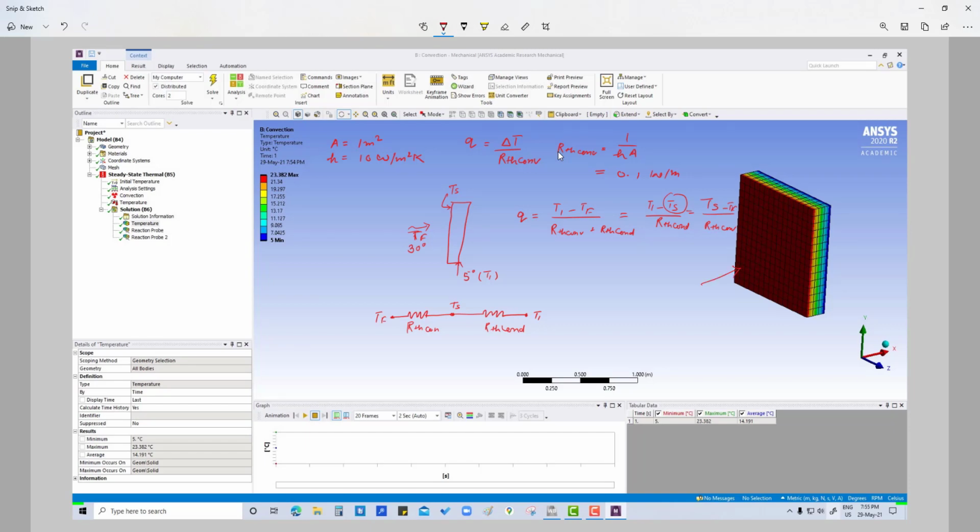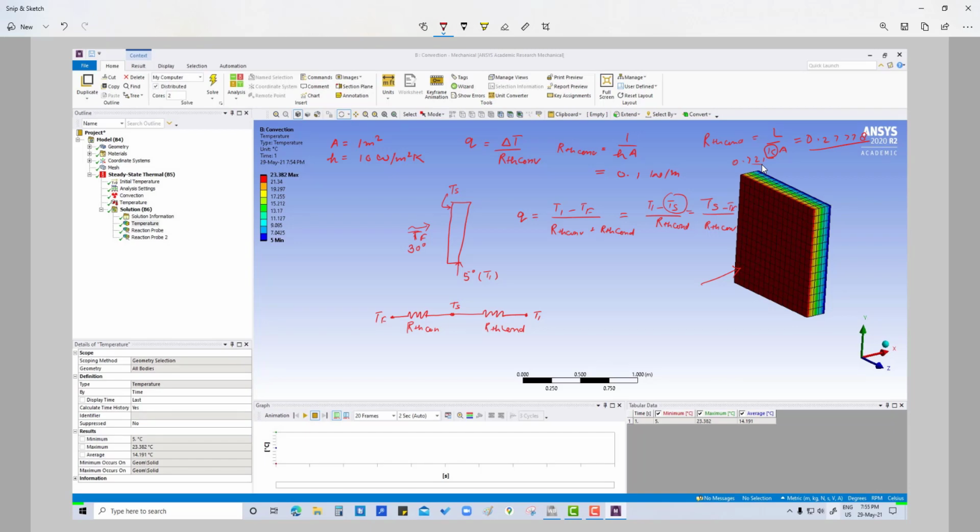So we are going to use this one. We have calculated the convection resistance, that is 0.1, and for conduction it will be L upon KA. K is the thermal conductivity of the material, and that is given as 0.72. After putting this data, this will be 0.27778.